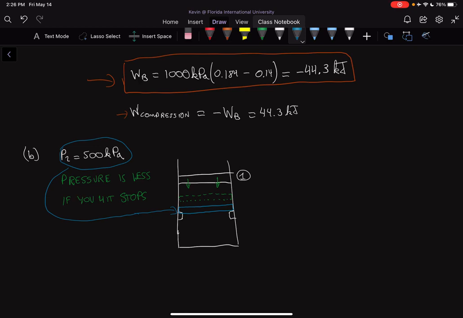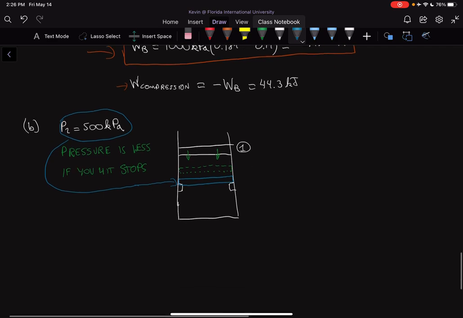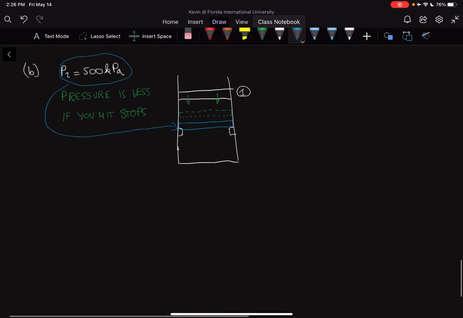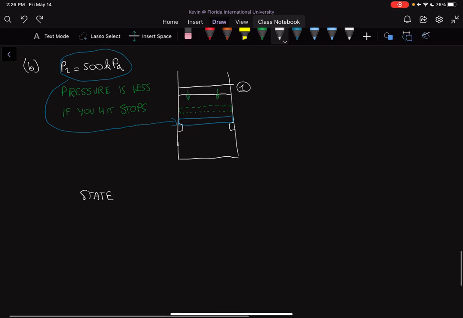So we can rewrite our steps for this problem as state 1 and state 2 once again. For state 1, we still have P1 equal to 1,000 kilopascals or 1 megapascal.